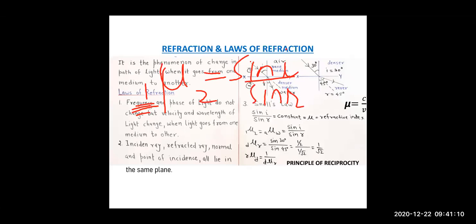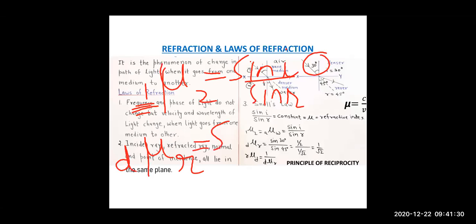Okay children, here we have a very short numerical. If you see, the angle of incidence is 30 degrees, the angle of refraction is 45 degrees. Suppose we have been asked to find the refractive index of the rarer medium with respect to the denser medium.